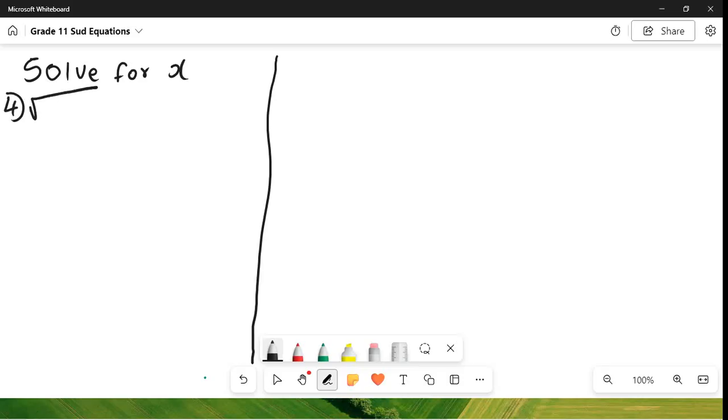Never mind, my handwriting has never been handsome. It's just like me. Square root of 2x plus 5 minus 3 over the square root of 2x plus 5 equals minus 2.